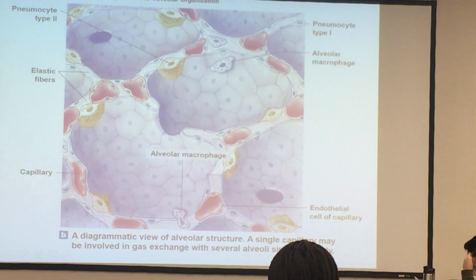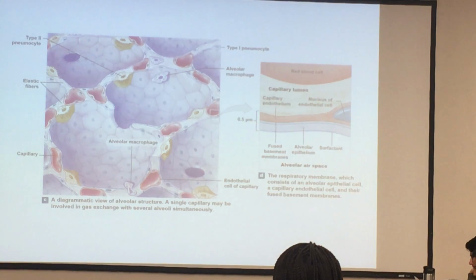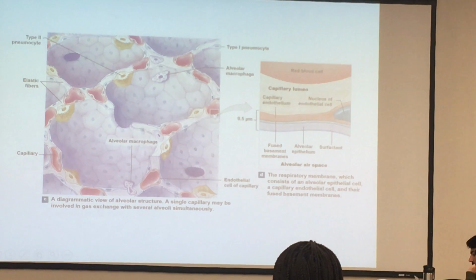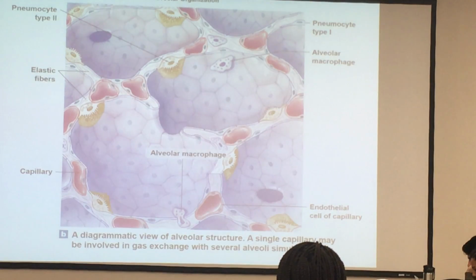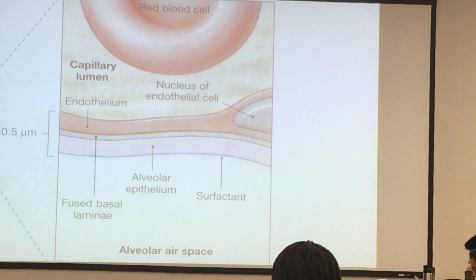They can cross from one alveolus to another. And look at that, we have a lot of this epithelial cell. Now if we cut through the blood vessel capillary and alveolar, how we can see is in the slide here. That's the blood capillary.